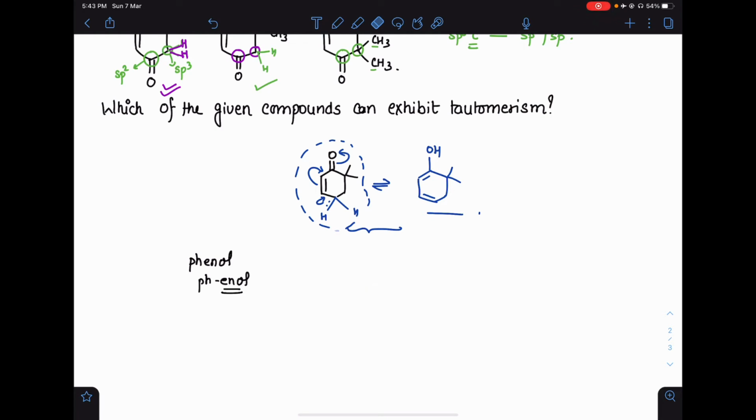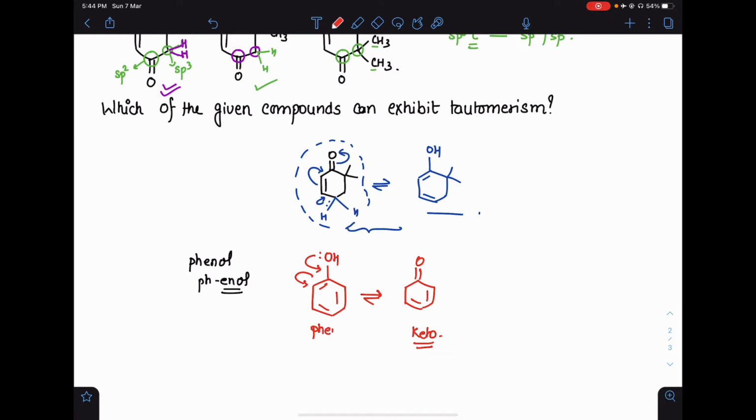It is very easy if you want to draw that structure. So we have our phenol. Let me start again to show you the structure of its keto form: OH, double bond, double bond. So these electrons will shift here, these electrons will shift here, and you will have double bond O. This is your keto form. And what is the enol form?